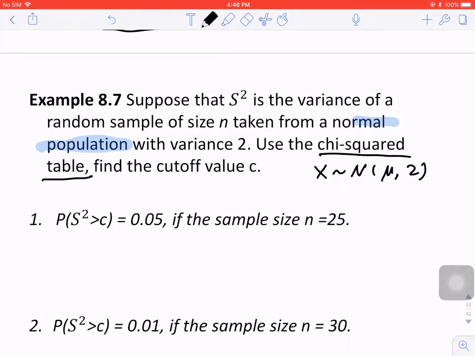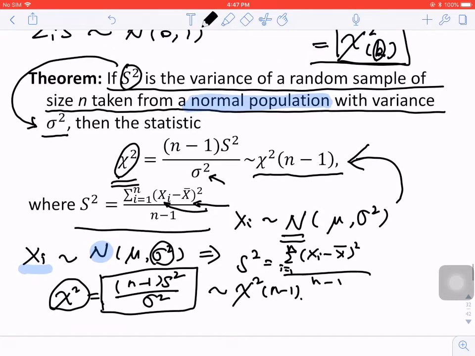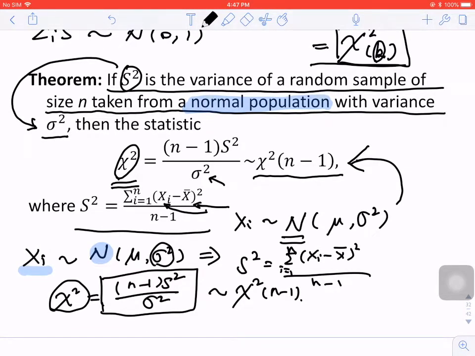We know that S squared is equal to the sum of xi minus x bar squared divided by n minus 1. We would like to find the cutoff value C such that the probability that S squared is larger than C is equal to 0.05 when n is equal to 25.